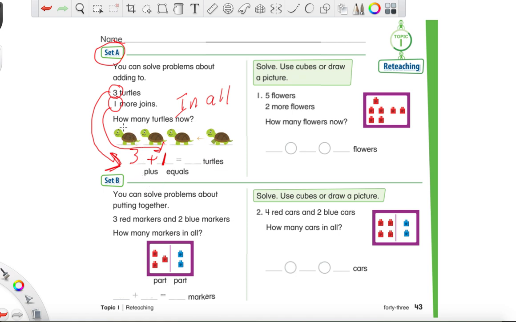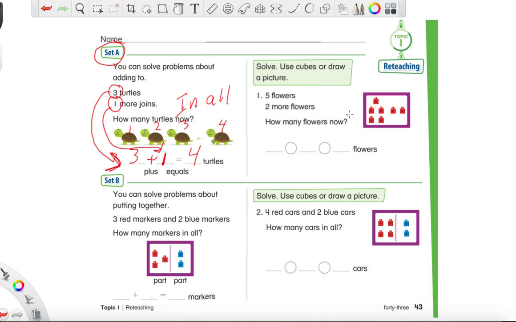They give you a picture to help you. I mean, it doesn't get any easier than that, right? No, not at all. So we see the 3 turtles here. 1, 2, 3, and then 1 more joins. So we're going to count on from 3, and we have 4. So we have 4 turtles. 3 plus 1 equals 4.